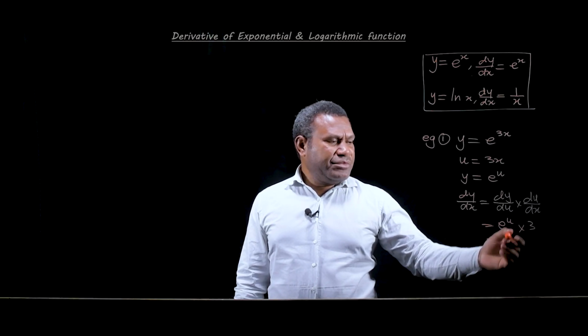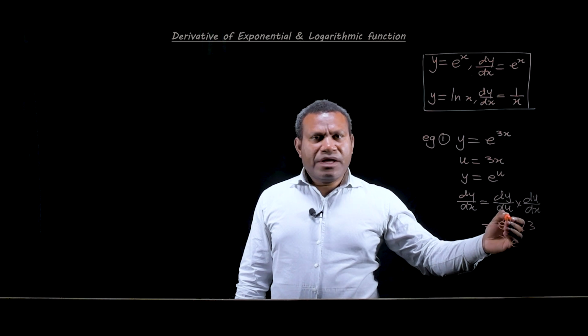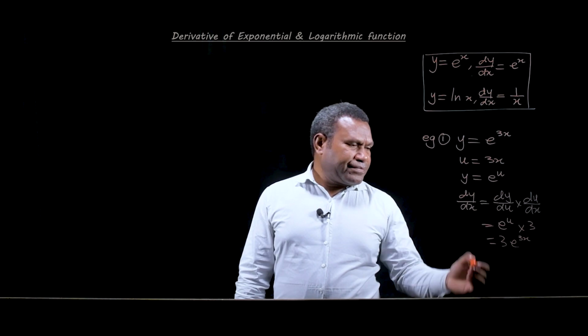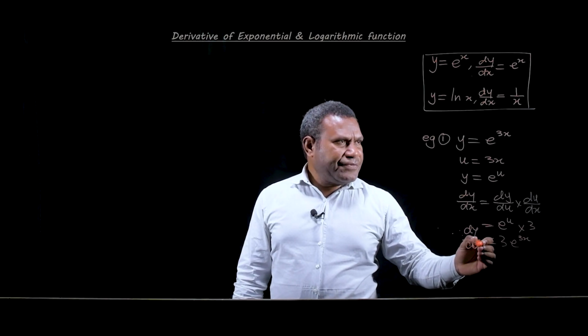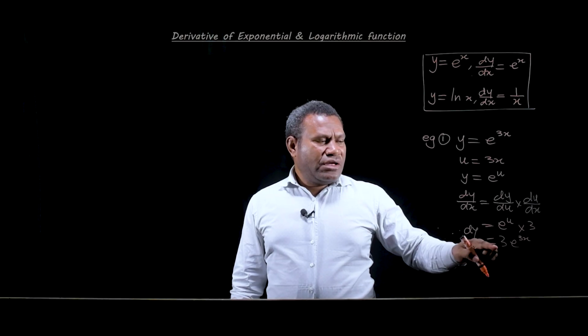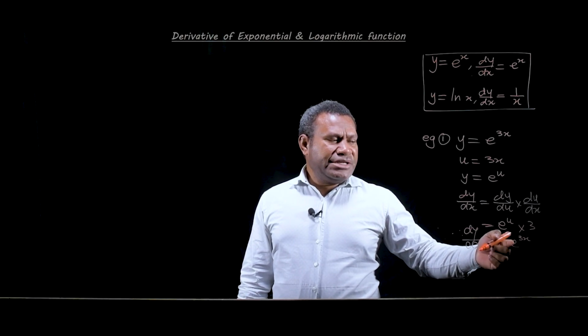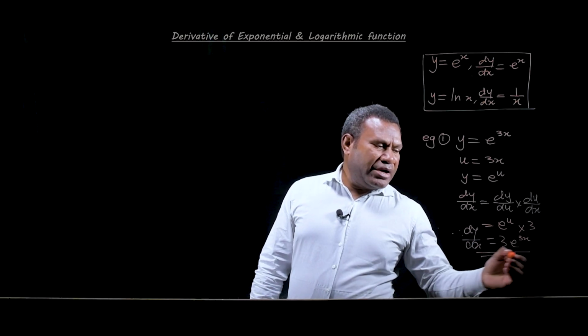Finally, we have 3 multiplied by e raised to the power of u, but u is actually 3x. Therefore, dy over dx is equal to 3 times e raised to the power of 3x. That will be our answer.